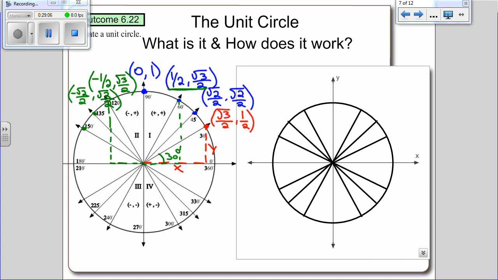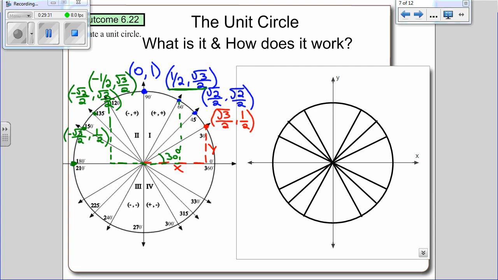Right, it's the same as the points in the first quadrant, except the x values are negatives now because it went to the left instead of to the right. We could do the same thing in quadrant 3. Oh, sorry, I missed our 180. This 180 point over there, now I've gone -1 to the left and 0 up. So that would be my point at 180.